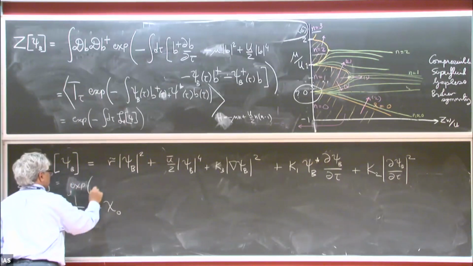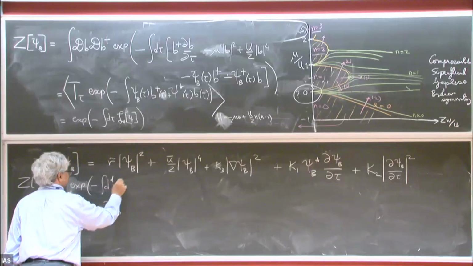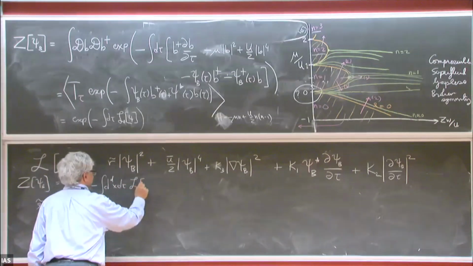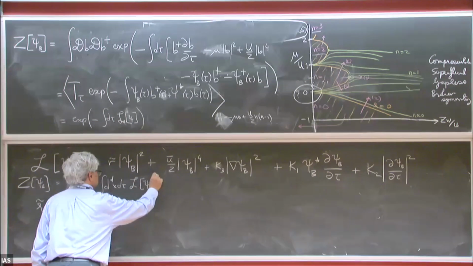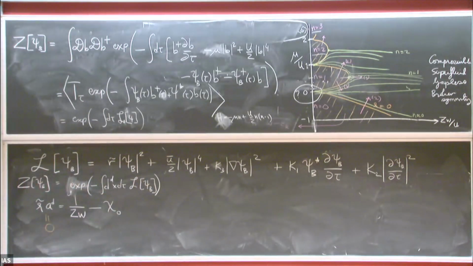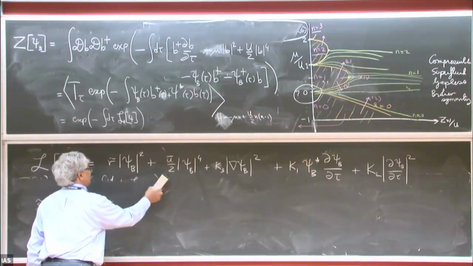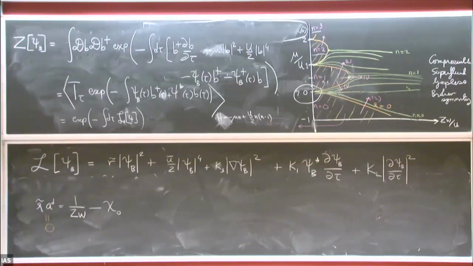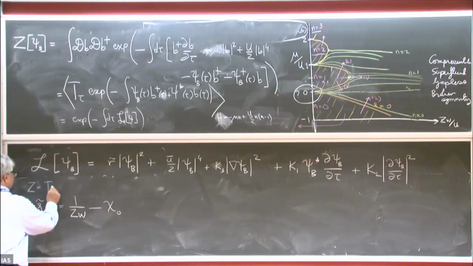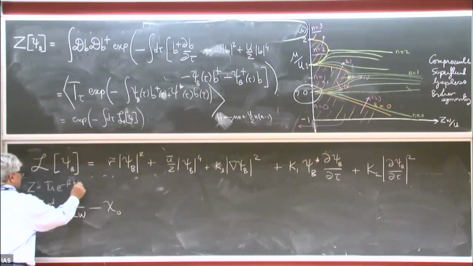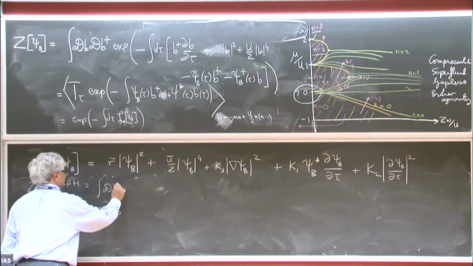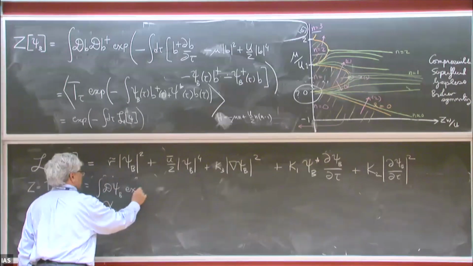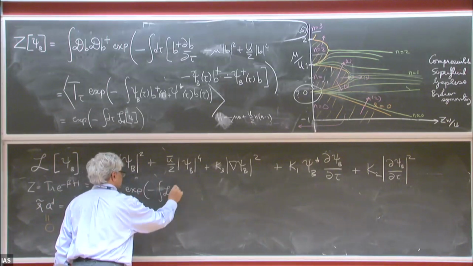Exponential minus integral over space, integral over time of L of psi b. Not that Z, I'm sorry. I will just erase this. Look to my notes for the precise notation. The original theory, the original Hamiltonian trace e to the minus beta H, but these series of transformations have reduced it to the integral of L.